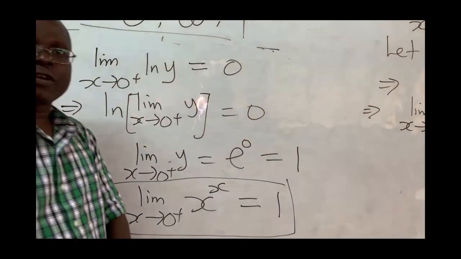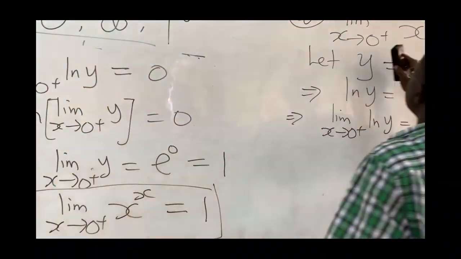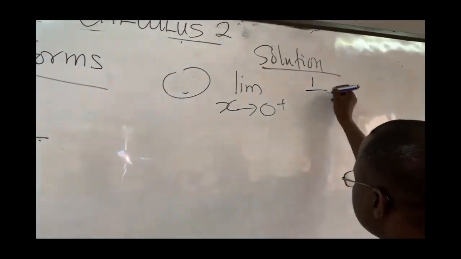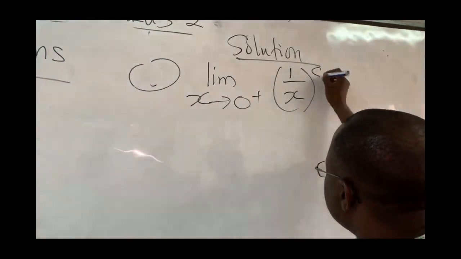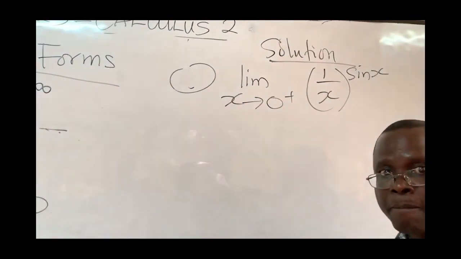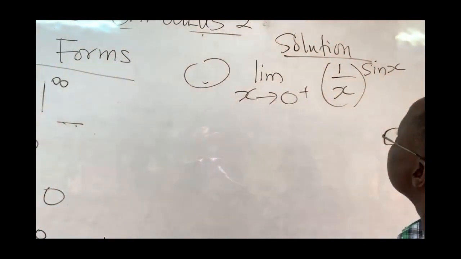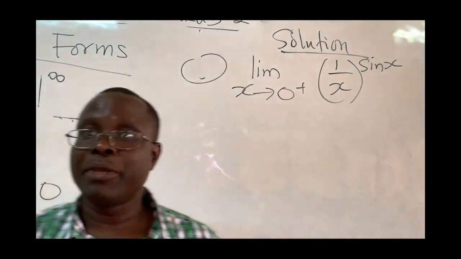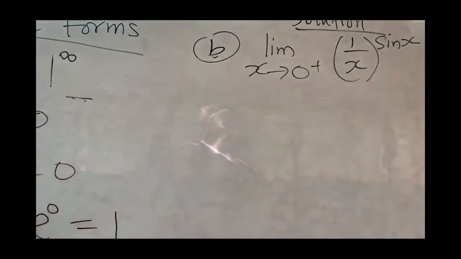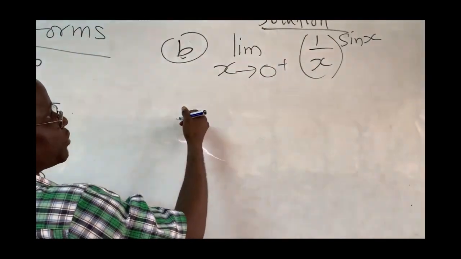Good. So let's finish off with the last example. For part b, we want to find the limit of 1 over x raised to the power sine x. Let's use the same procedure.